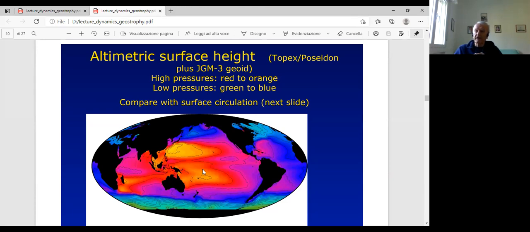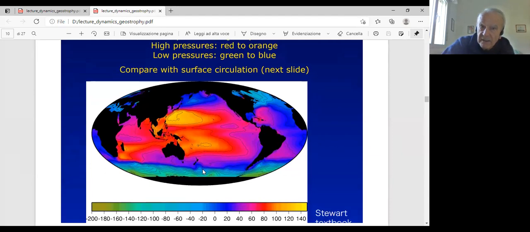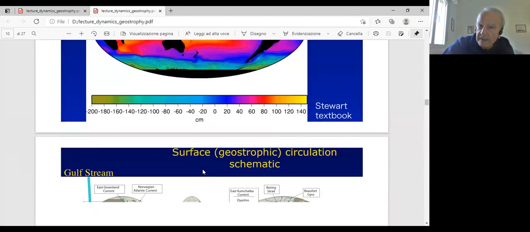Therefore, these yellowish, orange parts of the ocean mean high pressure areas. The low pressure areas are bluish, greenish areas, or low sea level. And if we compare this with surface circulation, this is what we obtained here.